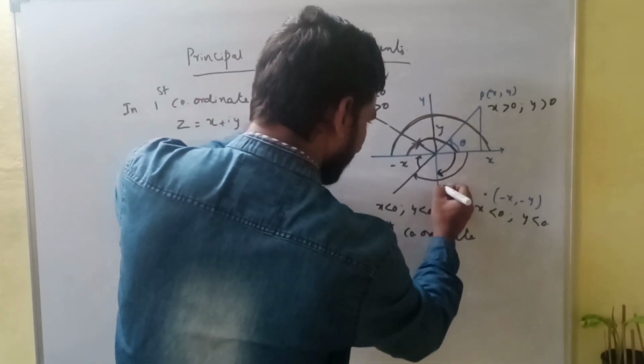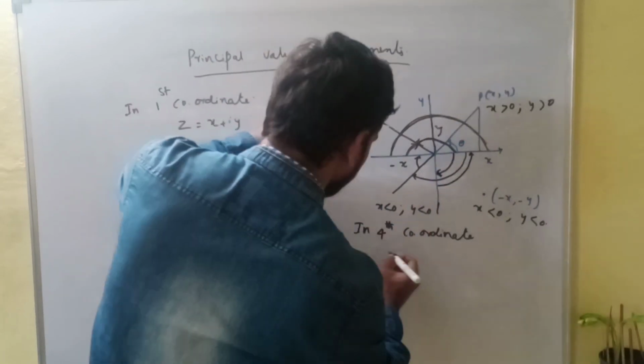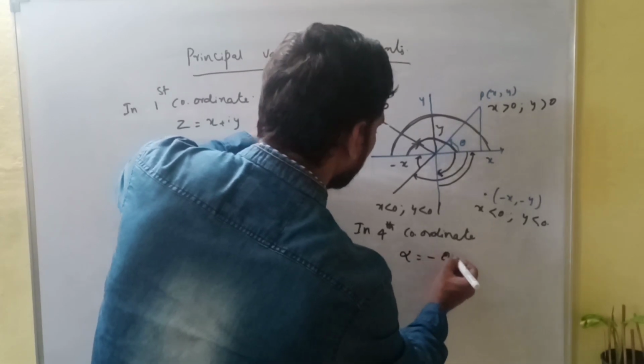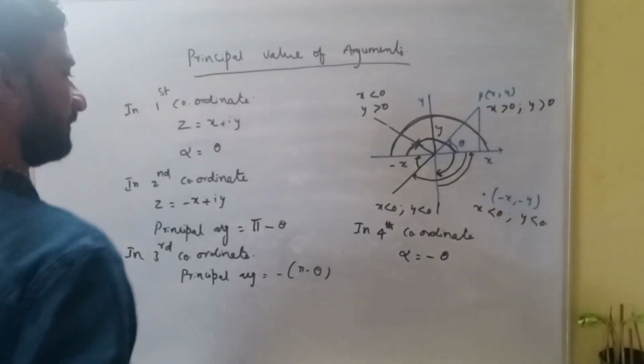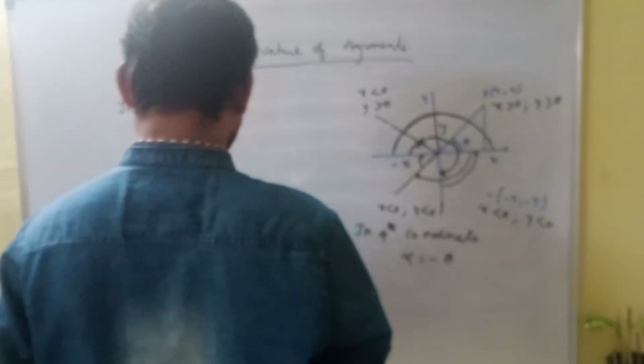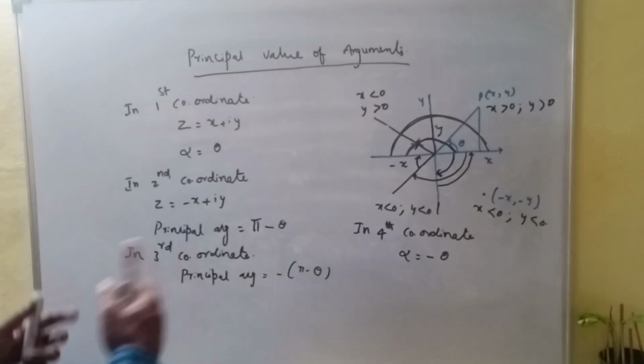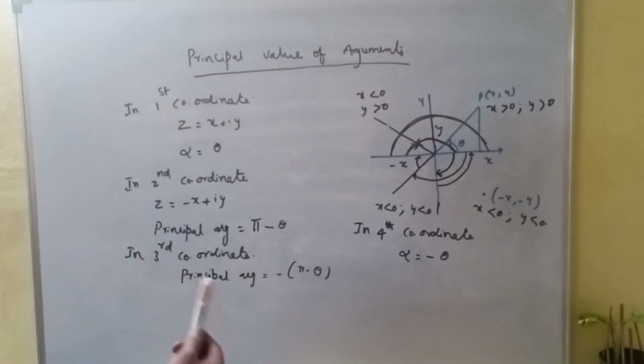If you measure in the anti-clockwise direction, then your principal argument will be minus of the argument. So alpha is equal to minus theta. So this is how we can measure the principal arguments of complex numbers in geometrical form.